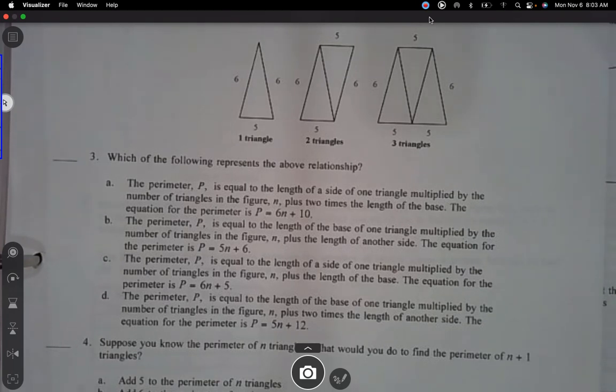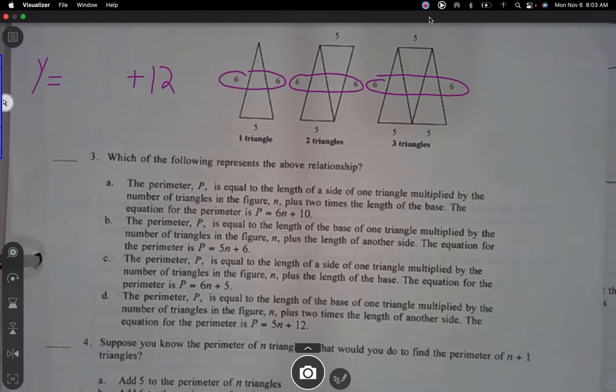I usually write y equals. On each one of these, the 6 and the 6, which is 12, stays the same at the end every time. It's right here, here, and here. Does everybody agree with that? Every time it's got 12, so we use 12 as our constant.